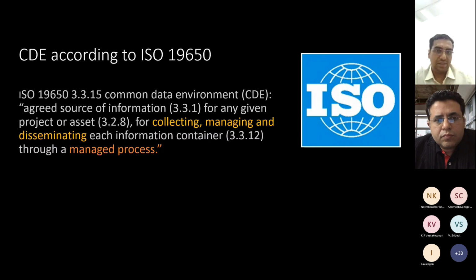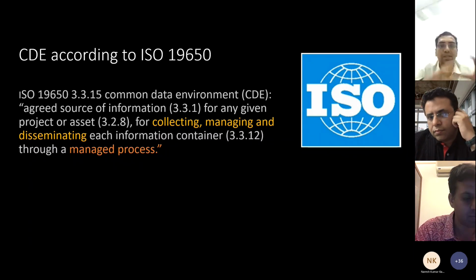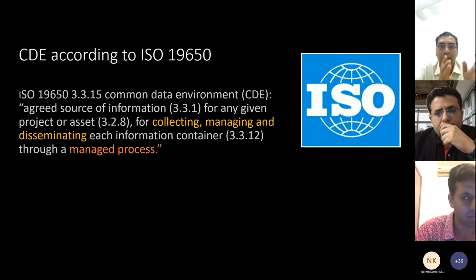And what a CDE does is enable you to add value to your asset, to manage your asset over its life cycle by doing the things which I have highlighted in yellow and orange. It's about collecting, managing, and disseminating. We talked about information containers a little while earlier. It's about collecting, managing, and disseminating information, but through a managed process.